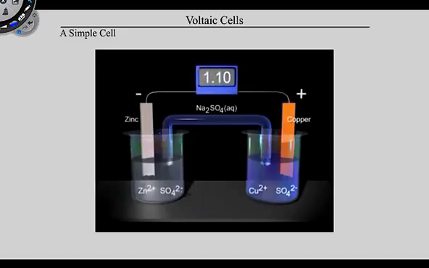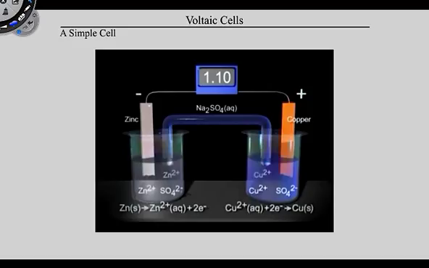When we replace the light bulb with a voltmeter, we find that the cell has a potential or voltage of 1.1 volts. The copper electrode is the positive electrode, and the zinc electrode is the negative electrode. As the cell reaction proceeds, zinc atoms of the zinc electrode lose electrons and move into the solution as zinc ions.